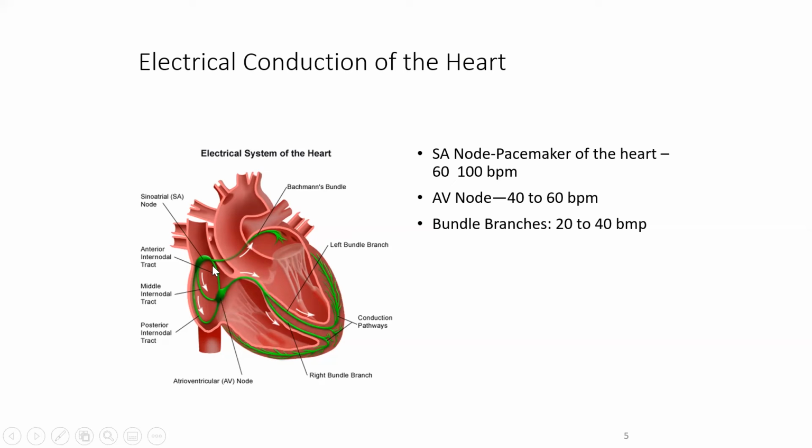So if the SA node is not working and the AV node is not working, then you will see the bundle branches picking up the responsibility for the electrical conduction of the heart, which is 20 to 40 beats per minute. And if the bundle branches are not working, then you'll have what we call the conduction pathway, which is less than 20 beats per minute. So this person will be in trouble if the electrical system within the heart is not working.